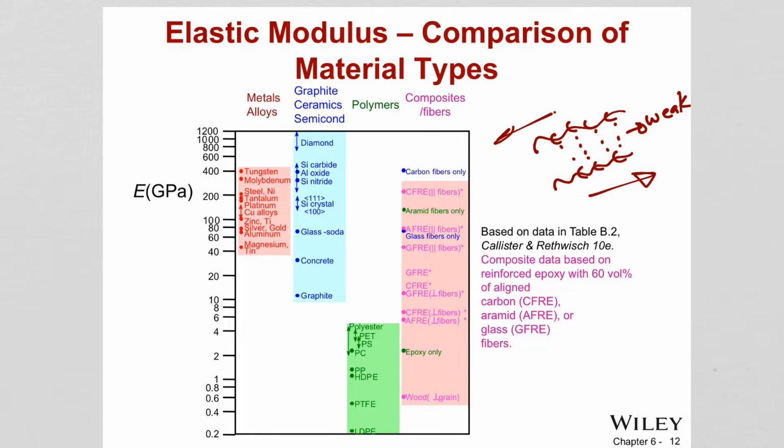So they can put fibers into a polymer matrix, etc. And this gives us a wide range of Young's modulus values. So this comparison between the moduluses of different materials is important.